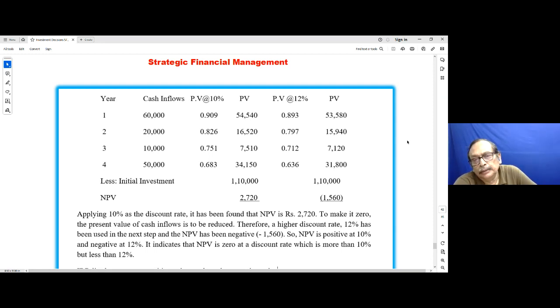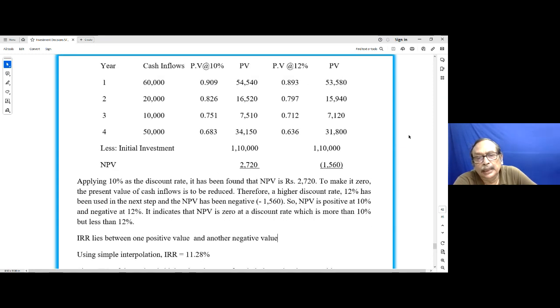So by trial and error, we go for a higher discounting rate, that is 12%, where we see NPV is negative. So definitely IRR lies between one positive and one negative value, and applying 10% as the discount rate, it has been found that NPV is rupees 2720 positive.